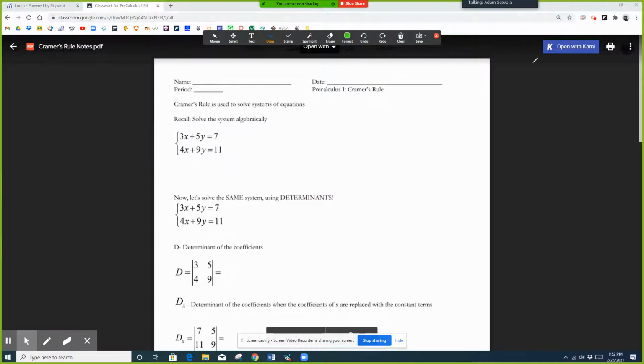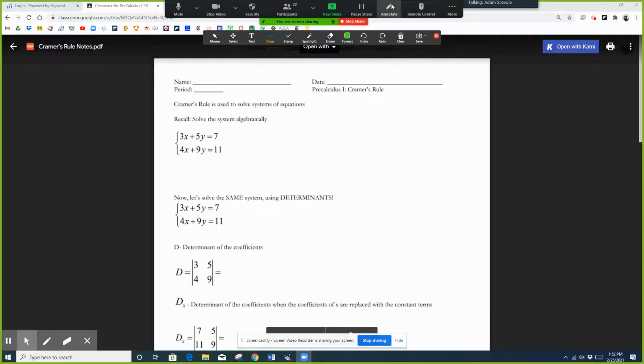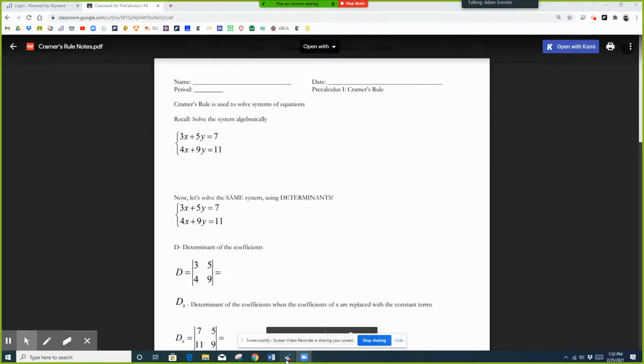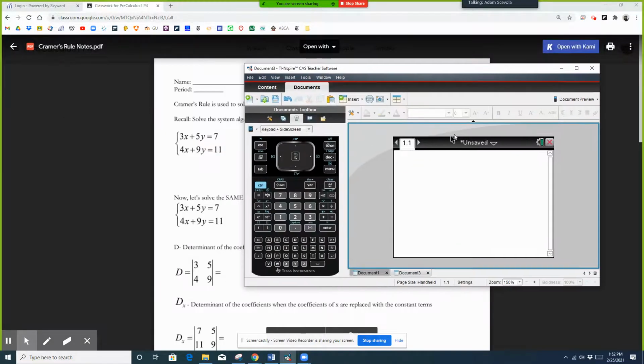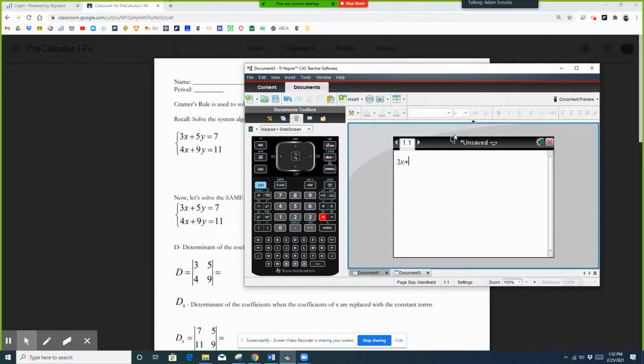For that, I'm going to use my calculator because fractions are annoying. So now we know that y is equal to 5/7. So we could do 3x plus 5 times 5/7 equals 7. I plugged in 5/7 for y in the top equation.